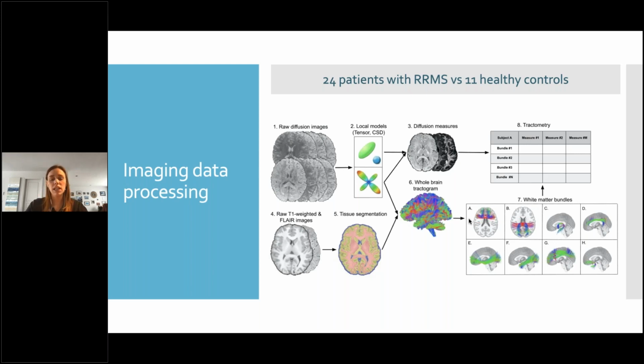The imaging study included a multi-shell HARDI acquisition, advanced local modeling, including fiber orientation distribution function and free water imaging. We used probabilistic tractography with a lesion-corrected white matter mask, advanced white matter bundling, and finally, bundle-wise statistics with tractometry.